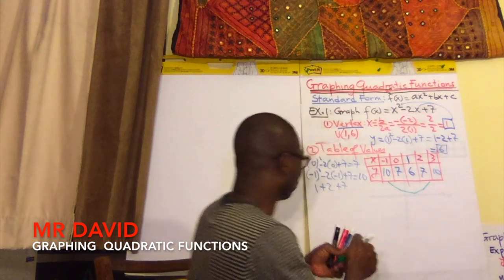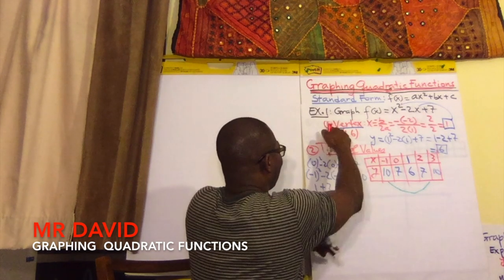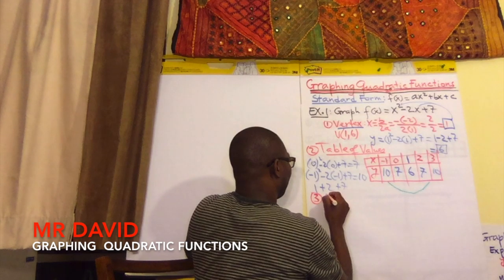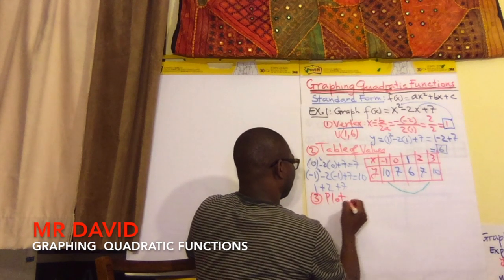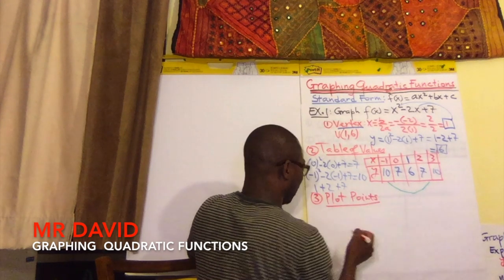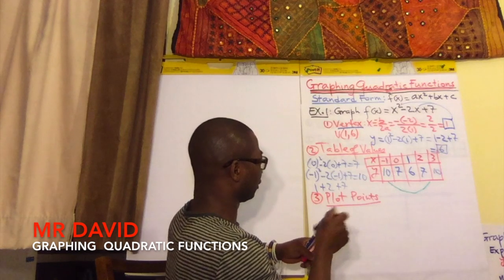Okay? So step 3, let's plot points and connect them. Step 1, step 2, step 3. Plot points. Okay. All right. So I'm going to make my x and y axis.